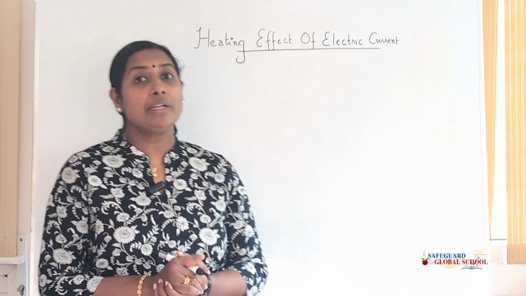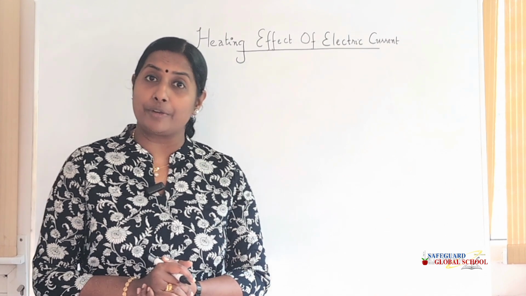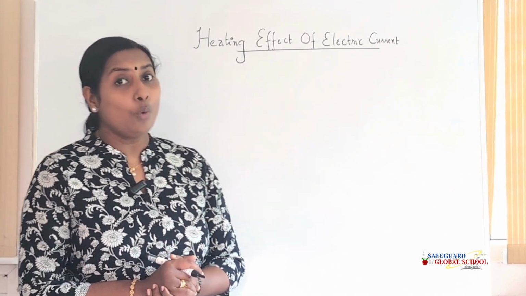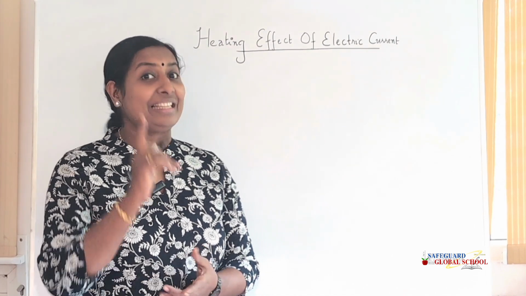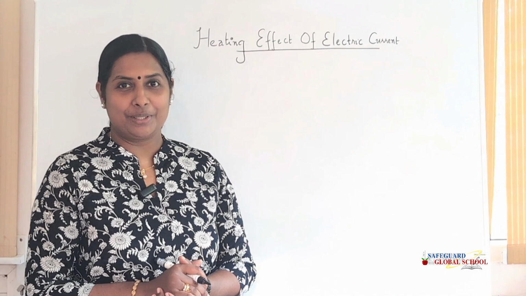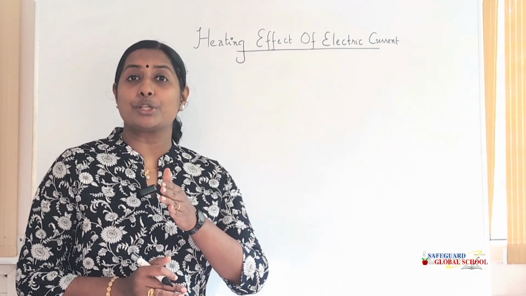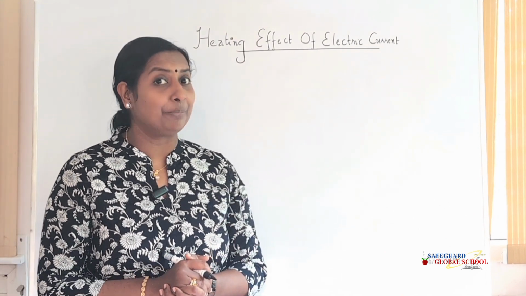Now we will discuss what is the reason behind the heating effect of electric current. We know who the charge carriers in an electric conductor are? Yes, free electrons. The path of free electrons from one cross section of the conductor to the other is not that easy.